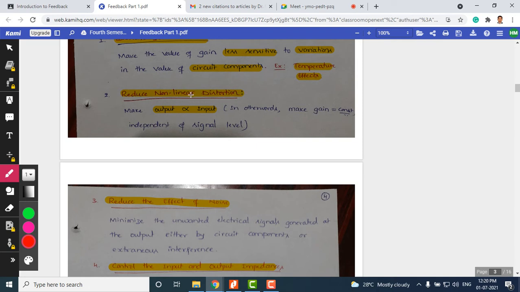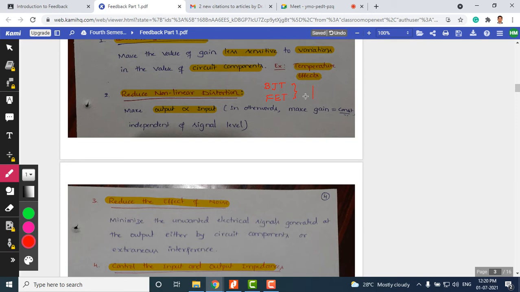There are two types of distortion, one is linear distortion and the other is nonlinear distortion. Most of the fundamental devices like BJT or FET are nonlinear devices. We have seen this through the transfer characteristics.